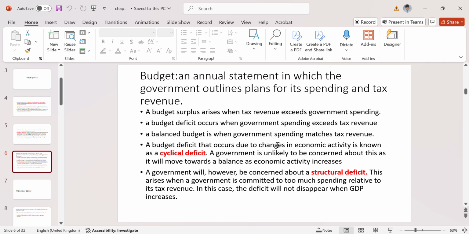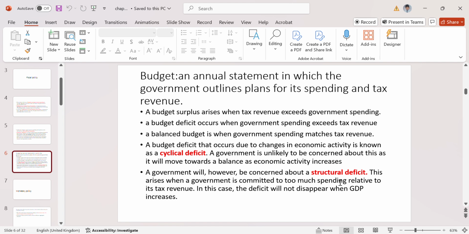There are two terms, cyclical deficit and structural deficit, when we talk about the government budget. When the government budget deficit occurs due to changes in economic activity, it is known as cyclical deficit. In this case, the government is unlikely to be concerned, because as soon as the economic activity improves, the deficit will automatically be corrected.